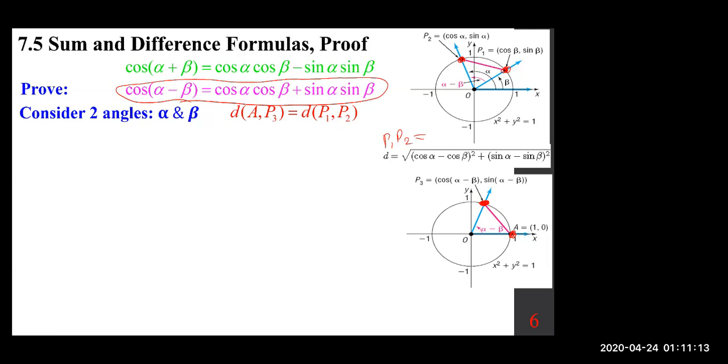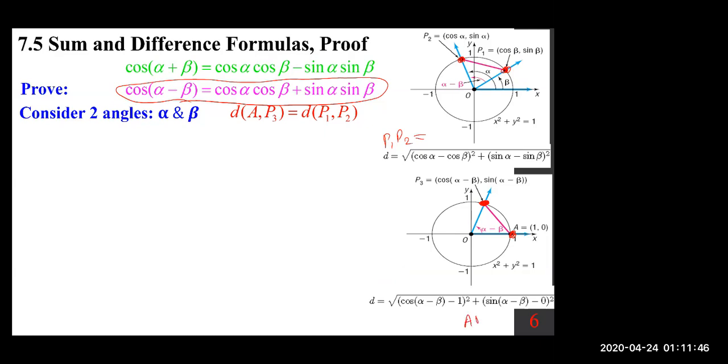The distance formula was what? X sub 2 minus X sub 1 quantity squared plus Y sub 2 minus Y sub 1 quantity squared under the radical. And here's the formula that represents the distance between A and P sub 3. Just write it underneath here.